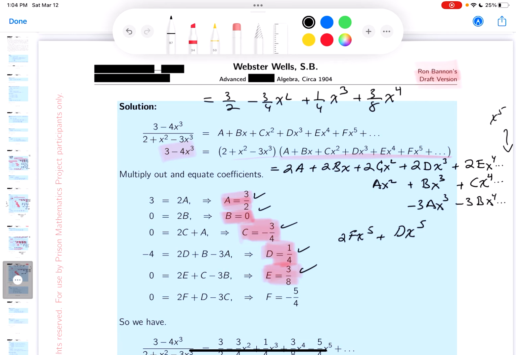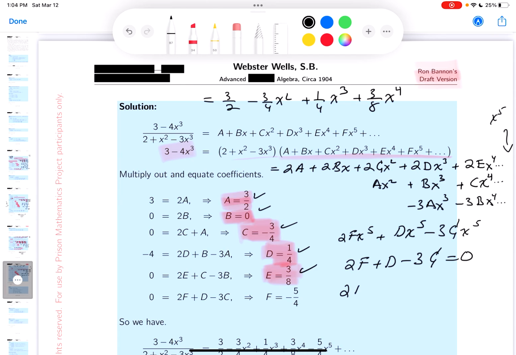It would be for the 5th degree on that minus 3, so where would that come from? The square, right? So minus 3c x5. And I know that has to sum to 0. So 2f plus d minus 3c must be equal to 0.